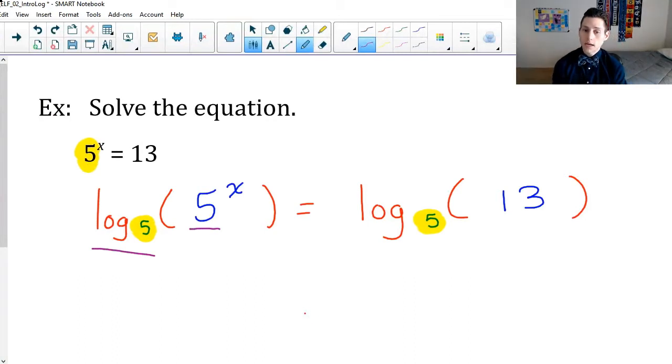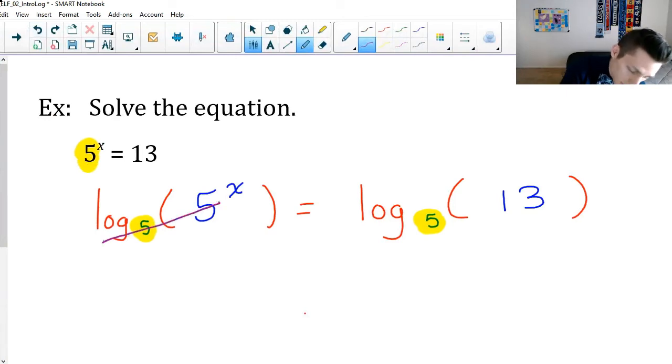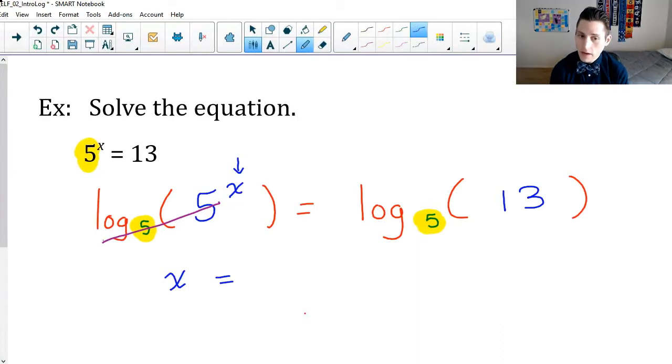And so when I have that base 5 exponential inside of that base 5 logarithm, what happens is those cancel each other out, and it will just leave me with the x. Right? I got rid of the 5, so now there's just that x. I essentially brought it down out of the exponent and managed to cancel the 5 by using a logarithm base 5.